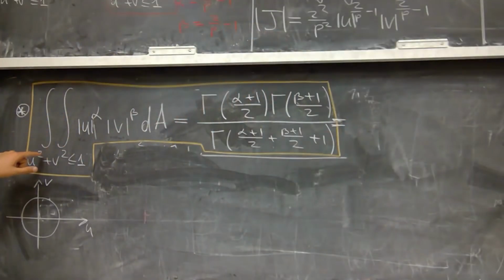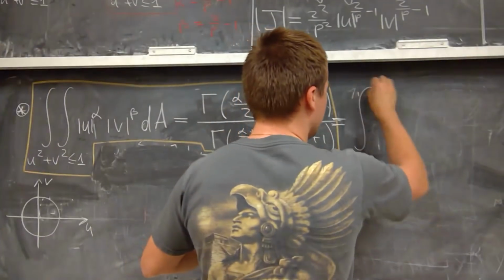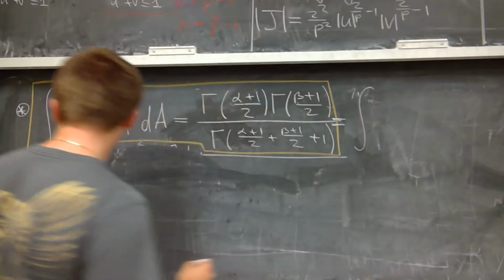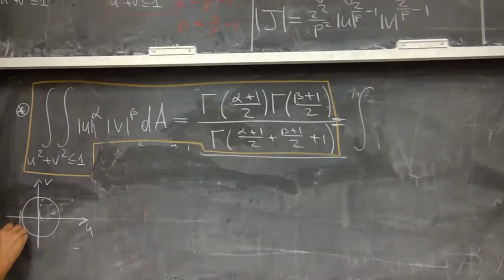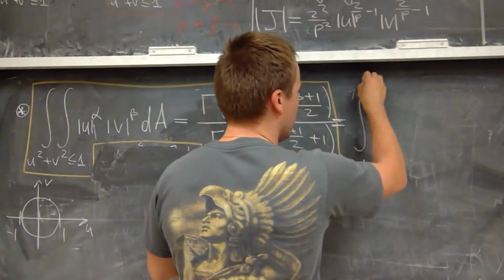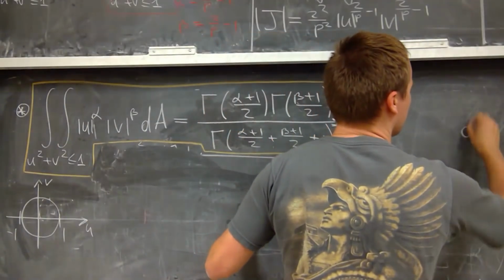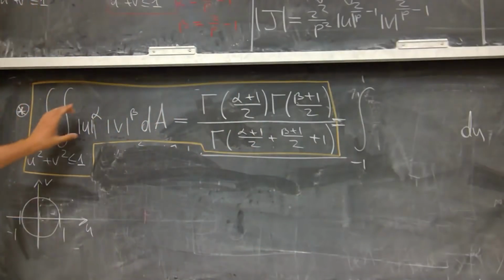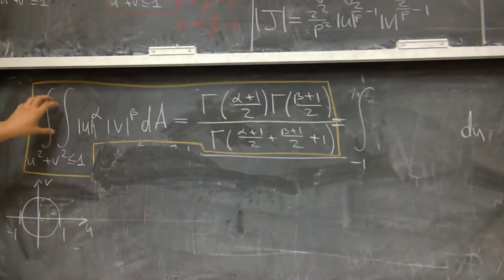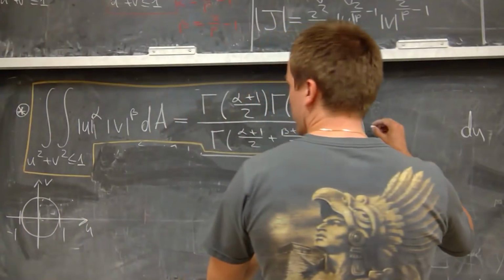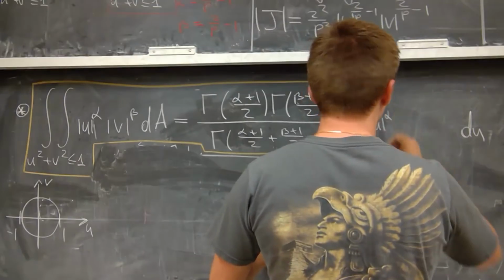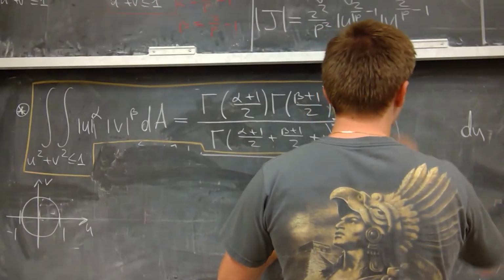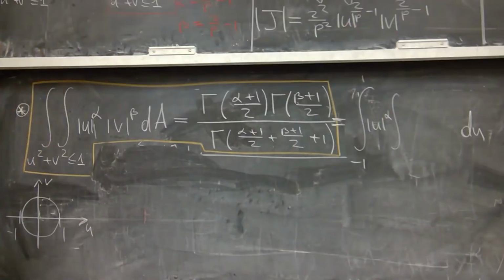I can write this integral as first the integral where my u changes from -1 to 1. So we'll have the integral from -1 to 1, and here I will have my du. And I want to separate my function to move this function outside of my inside integral. So what I will get is u to the alpha, and my second integral is going to be what?